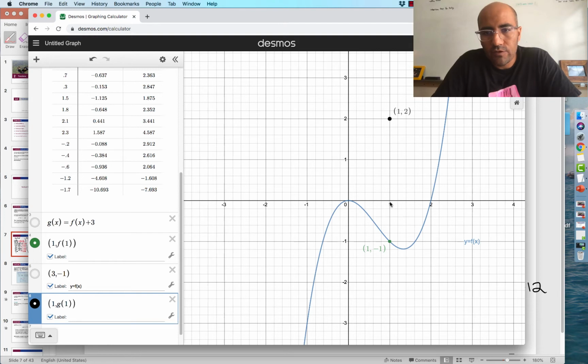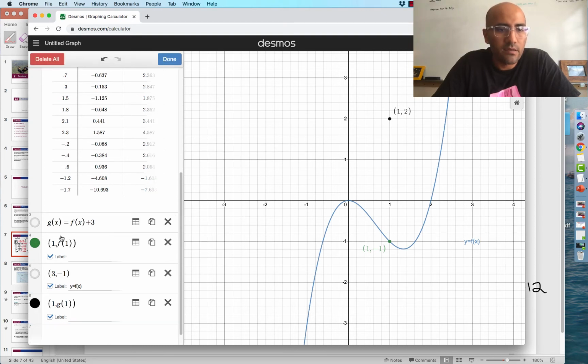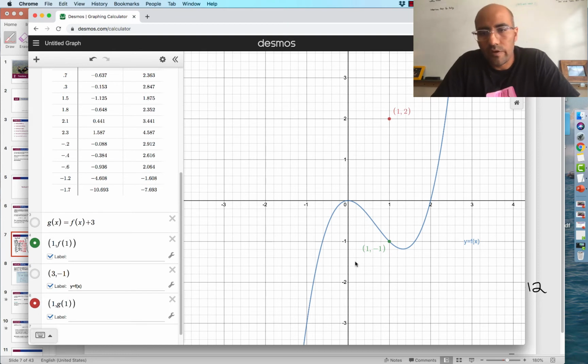So the old function, 1, mapped to negative 1. But now for the new function, we add 3. So the new value comes up here to this dot value here. And let's put it in red. Red. There we go. Okay, so it went from being below, at negative 1, to up at positive 2. So it went up by 3 points.